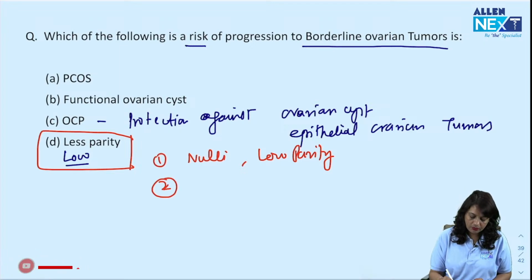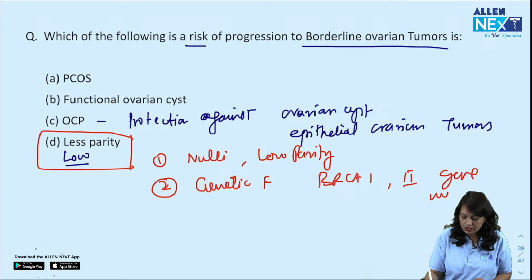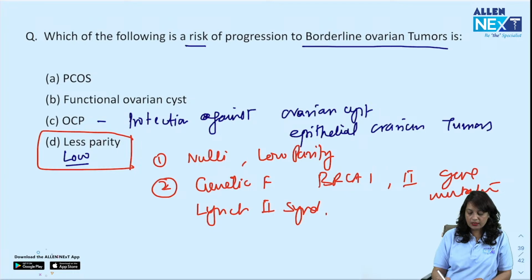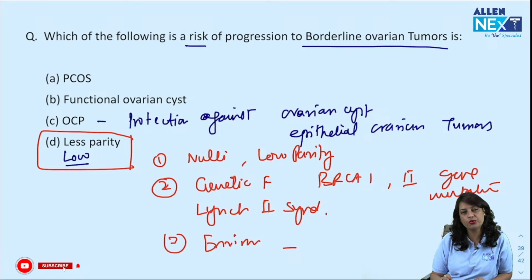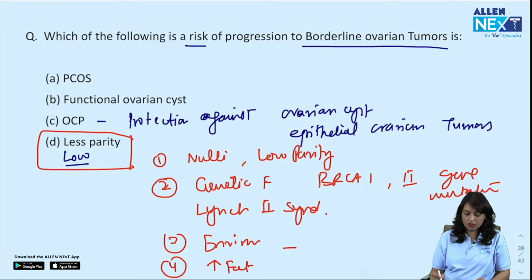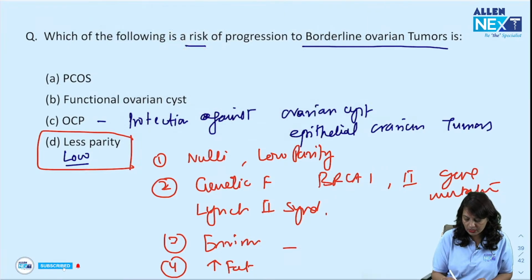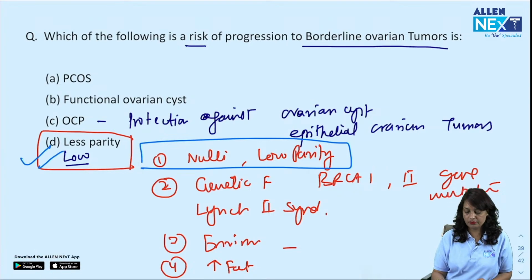Number 2, genetic factors are also responsible, like BRCA1 and BRCA2 gene mutations which are genetically transmitted. Then Lynch 2 syndrome patients, that is HNPCC. Then there can be environmental factors like exposure to asbestos or talc, or a diet rich in fat. So the answer to this question is low parity and nulliparity is a risk factor.